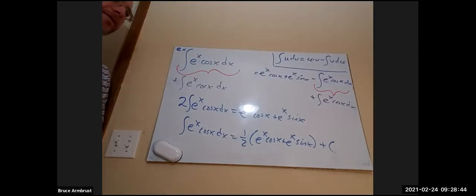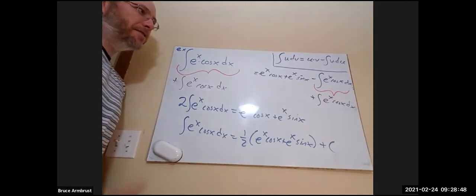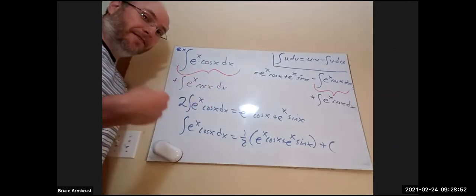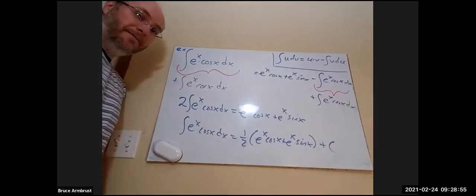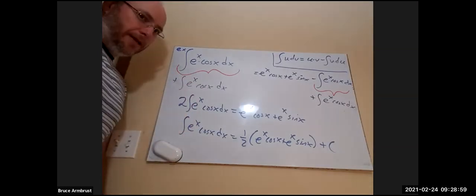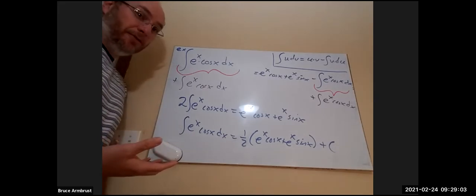All right, so just watch out for that. That's going to happen occasionally. The reason it happened here is because cosine, its derivative is cyclical, right? And e to the x is always the same. So we end up with forms that are identical eventually. There are not a lot of functions that will do that.